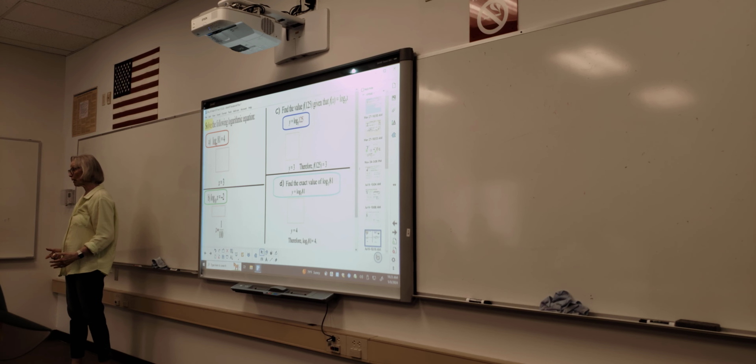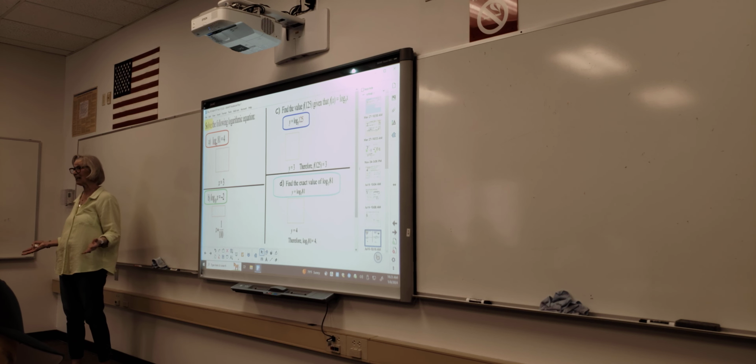If I give you this problem on an exam, you're in big, big, big trouble, to put it very nicely, because unless you know how to change this to an exponential equation, you won't be able to solve it. So the first step you should have on your paper is x to the 4th equals 81. Can we all do that?